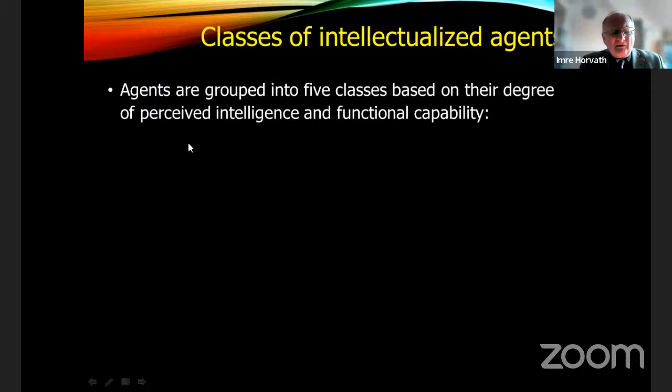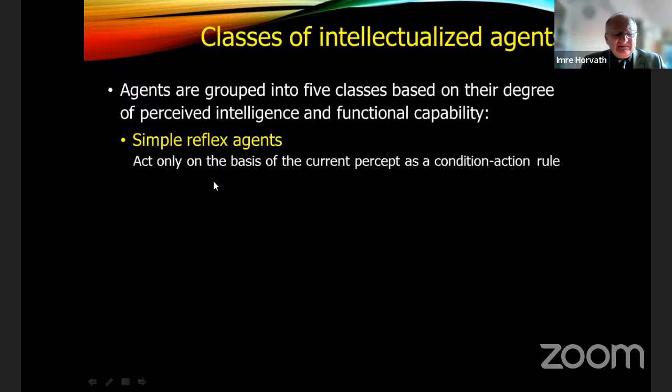The practical agents can be grouped into these 5 primary classes, but obviously several other application-dependent classes can be implemented. They differ in the degree of the perceived intelligence and functional capability.